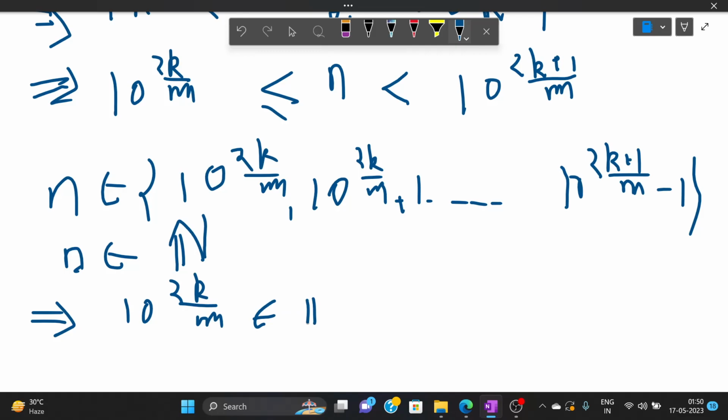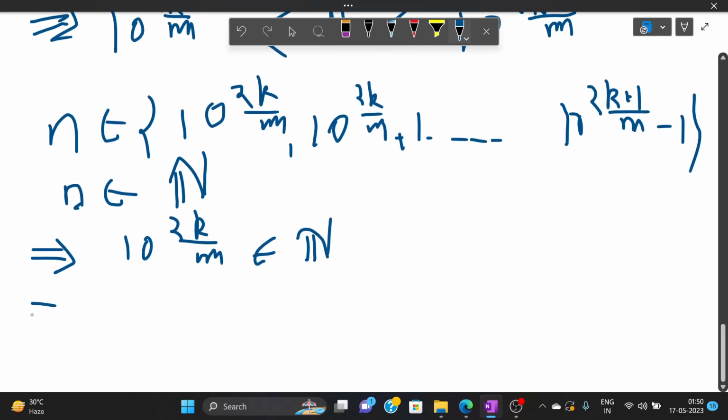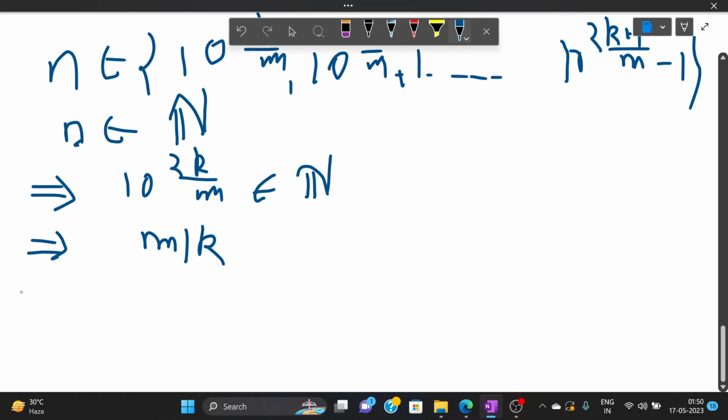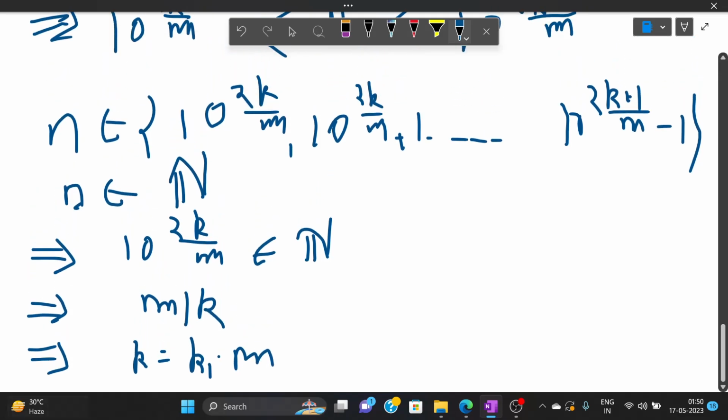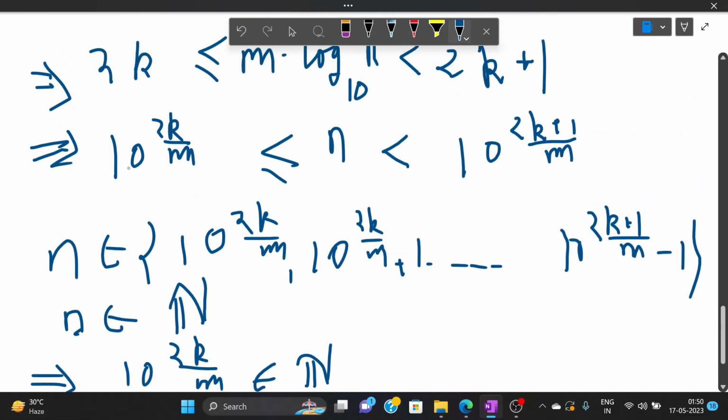And if 10 to the power of 2k by m is a natural number, then this implies that m must divide k. And m divides k means k is of the form k1 times m.